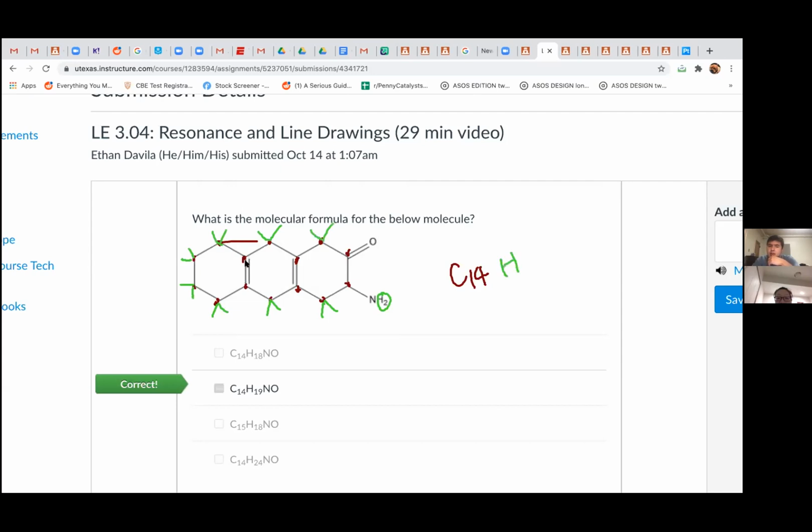Wait, what about that one? And these two. Well, this one has like 1, 2, 3, 4 bonds, right? Yeah. This one has one. Oh, so they don't have hydrogen? Yeah, they don't have hydrogens. But this one does.